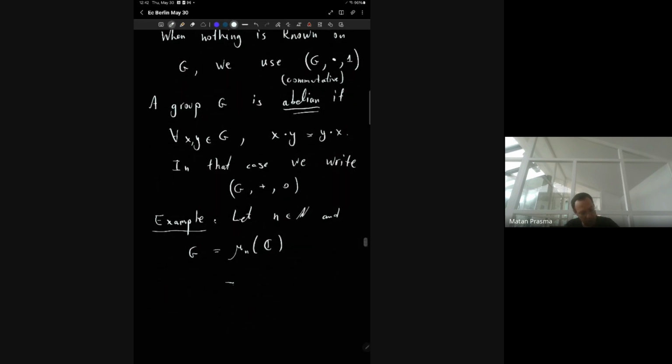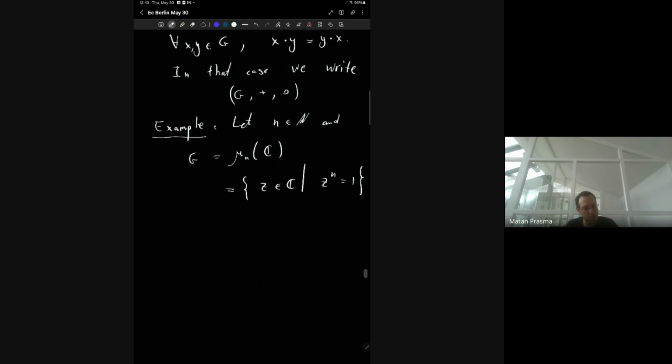This, I remind you, is the set of solutions to the equation: all z in C such that z to the n is equal to 1. Or in other words, it's the set of roots of the polynomial z to the n minus 1.